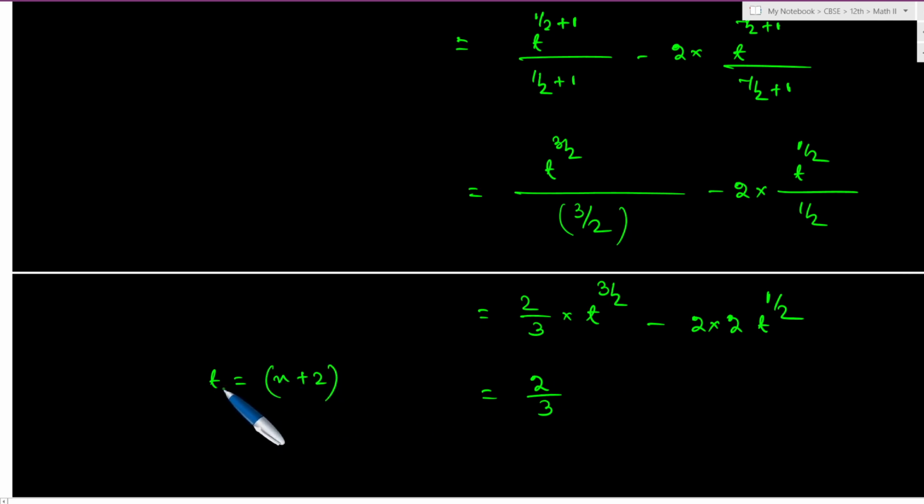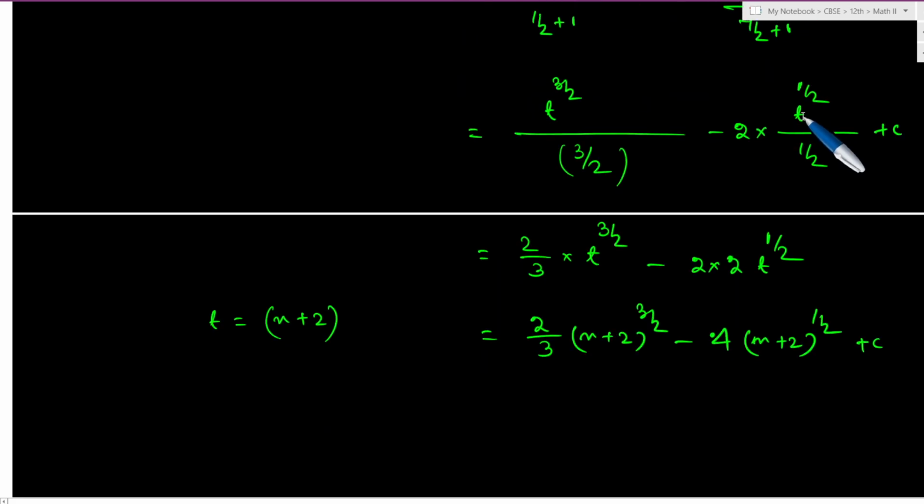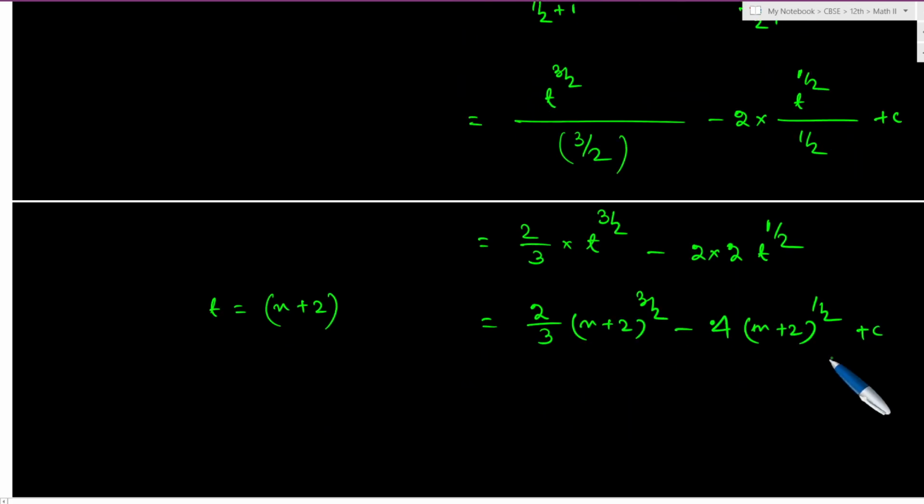Put the value of t equal to x plus 2. So 2 by 3 into x plus 2 to the power 3 by 2 minus 4 into x plus 2 to the power 1 by 2 plus c. Oh, I forgot, you have to add the constant term, otherwise you will lose 1 mark or half mark. This is the answer.